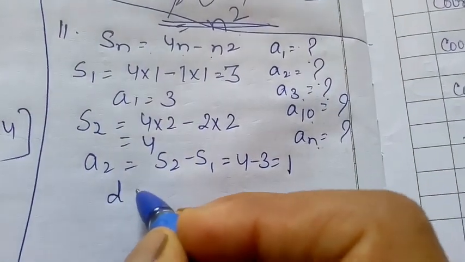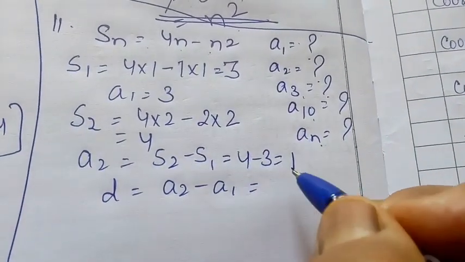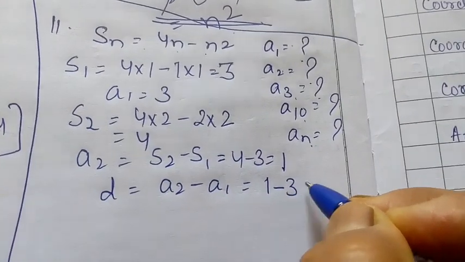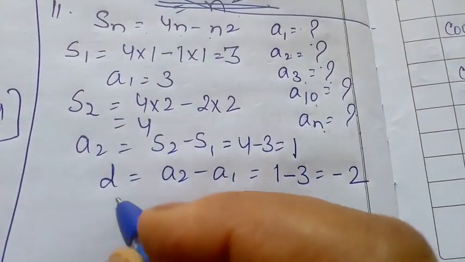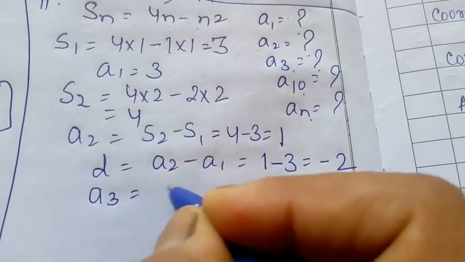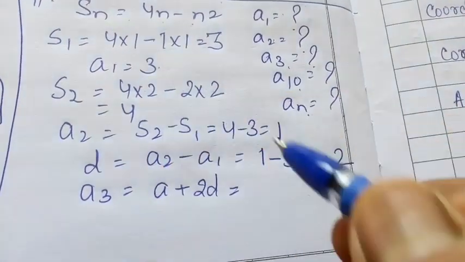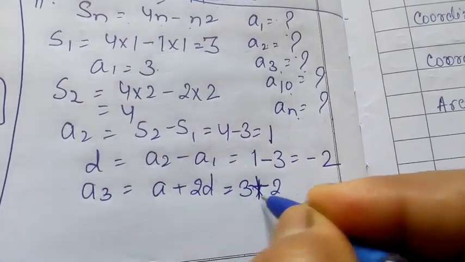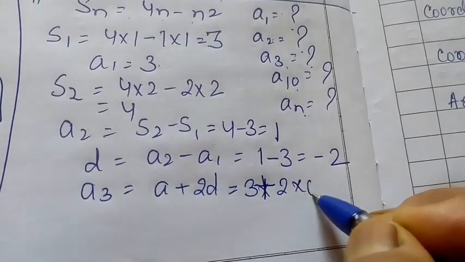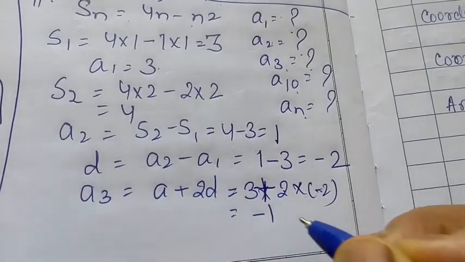And d equal to a2 minus a1, it means 1 minus 3, minus 2. And find the third term. Third term equal to a plus 2d. Put the value of a and d. a is 3 and d is minus 2, 3 plus 2 into minus 2, minus 4, 3 minus 4 equal to minus 1.